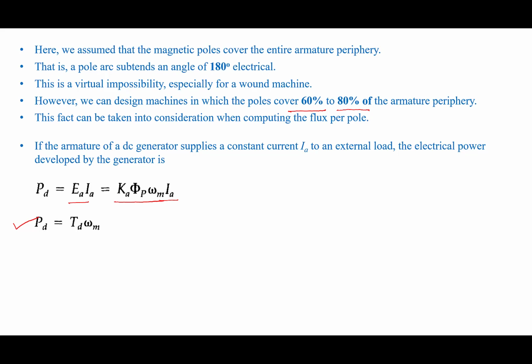If there is an unbalance between these two torques, let us say TD is your developed torque, it should be equal to the mechanical torque we are giving to the generator. Suppose TD is greater than Tm, then what will happen to the machine? Can anybody tell?